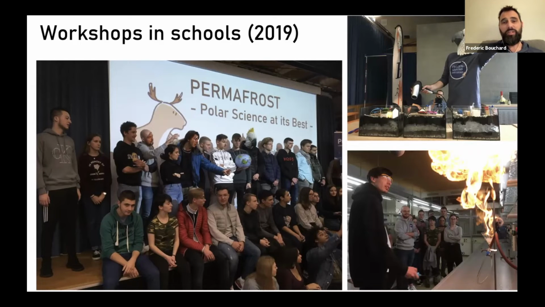And so the students could note the subsidence or the ground settlement from the surface during 1 or 2 hours. What happens to the infrastructure on top? Like you probably can see, there are little houses and infrastructure and cars and stuff. So they could see what's happening at the surface when the ground underneath thaws. And for example, we were also able to visit chemistry labs to ignite some methane.